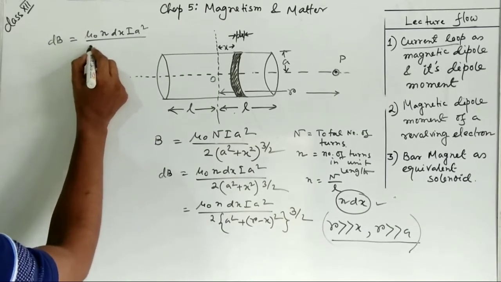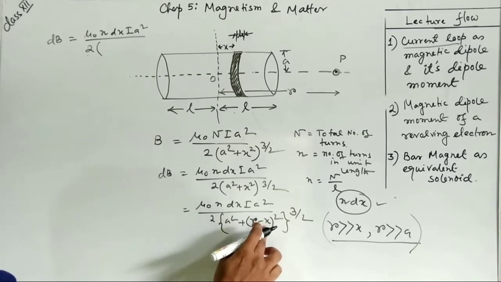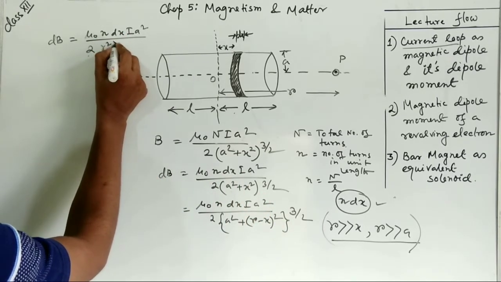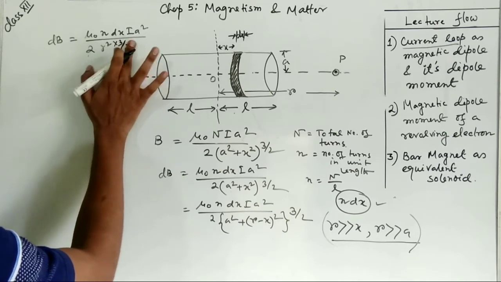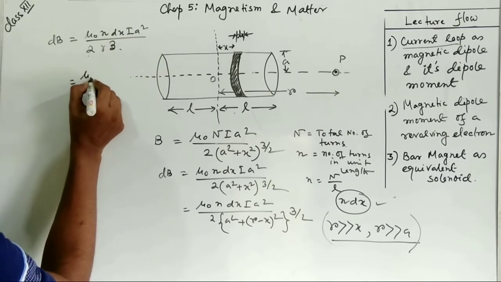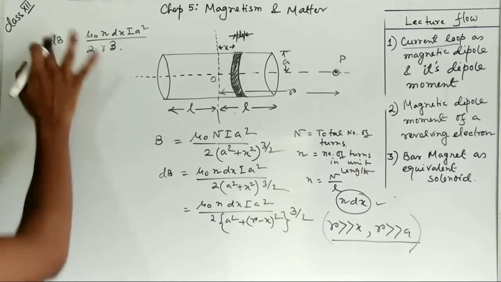Then we can neglect a square, and x also we can neglect. So we can write directly r square to the power 3 by 2, that means it will be r cube.